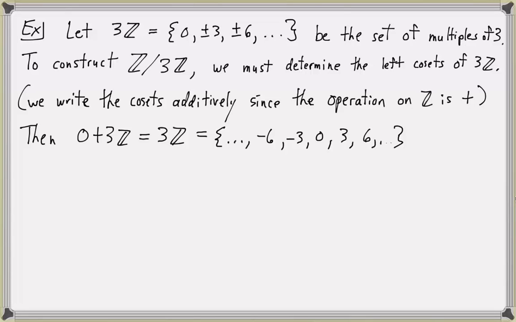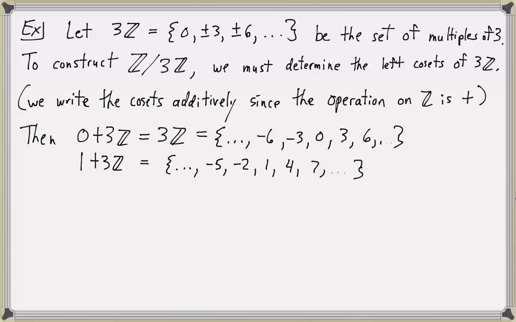And then the left coset 1 plus 3Z would be all the integers that are 1 more than a multiple of 3. If I add 1 to every element of the previous set, I get -5, -2, 1, 4, 7, and so on.